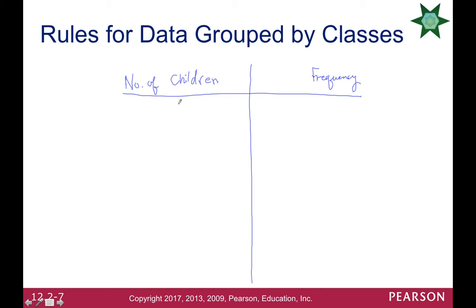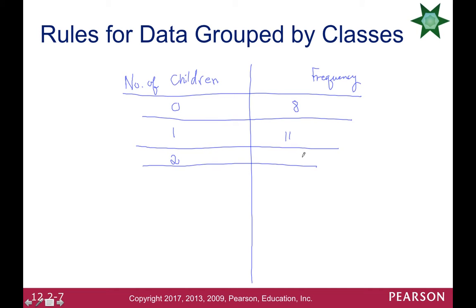So first we had 0, and remember we said we had 8 families there. And then we had 1. We had 11 there. 2 children.